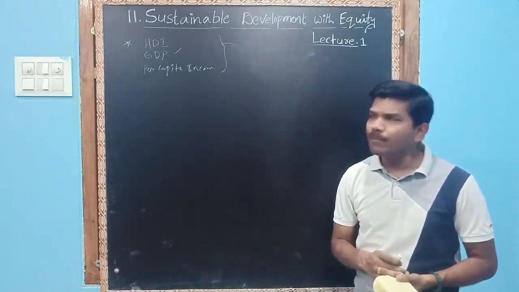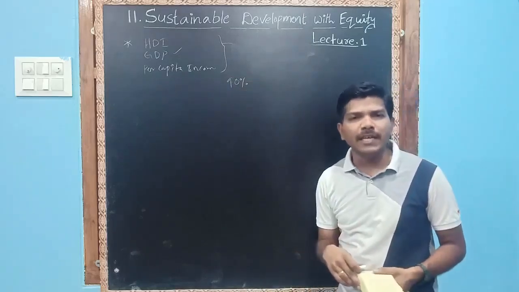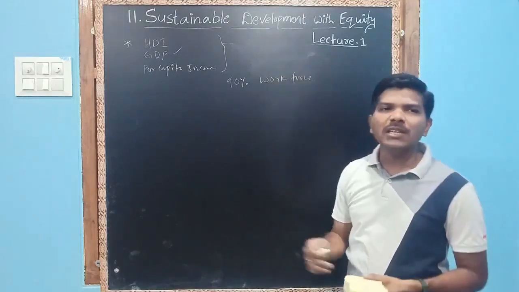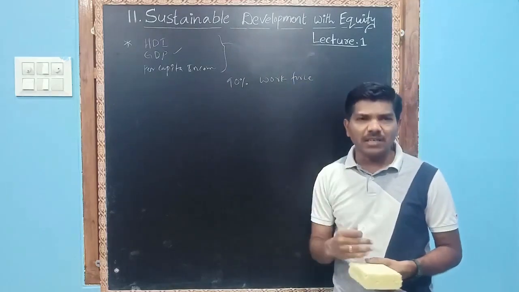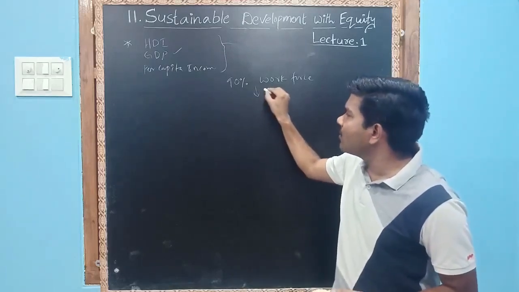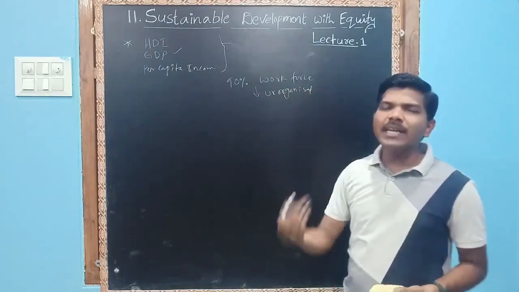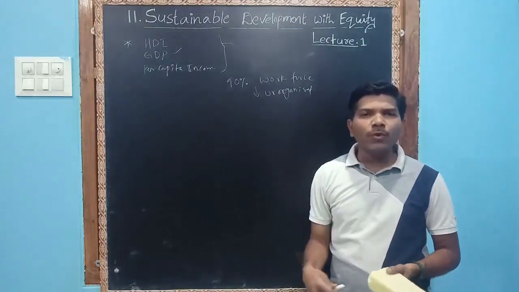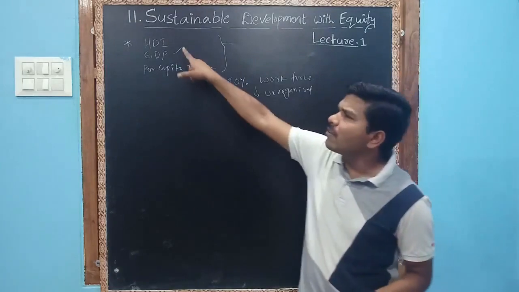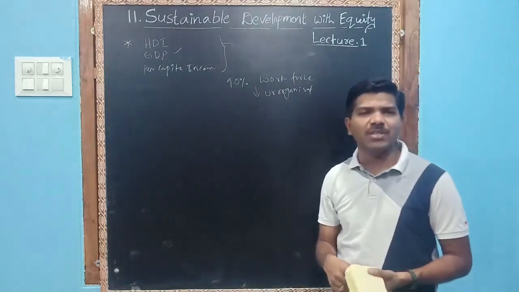Next, one more example. 90% of the workforce in India is mostly less paid, or we can say more than 90% is unorganized. I have said many times that India is improving, GDP is increasing, per capita income is increasing, Human Development Index ranking is also increasing, but why is this workforce not decreasing?